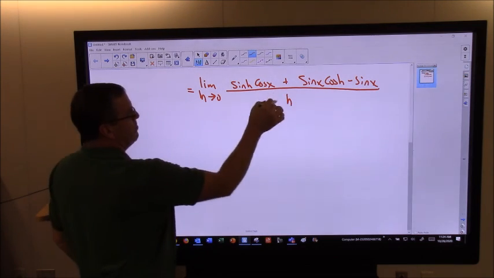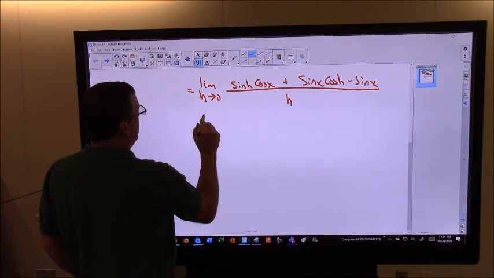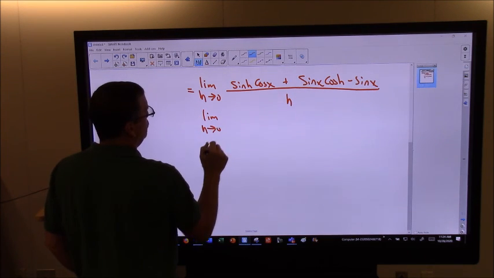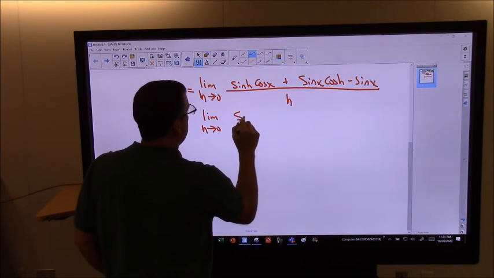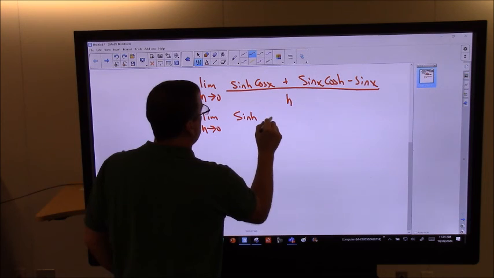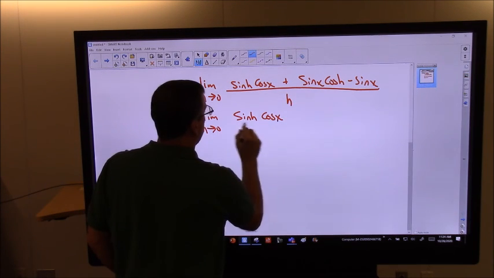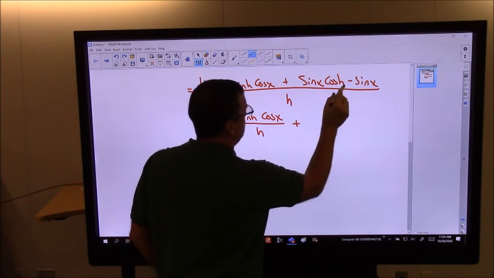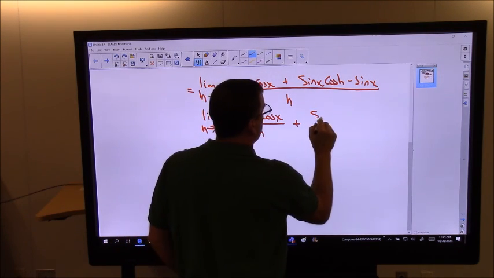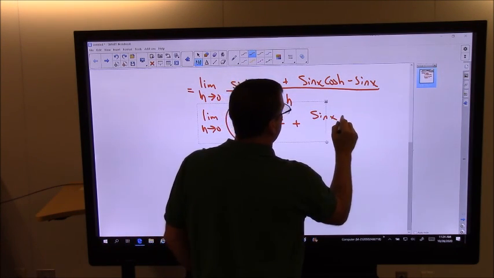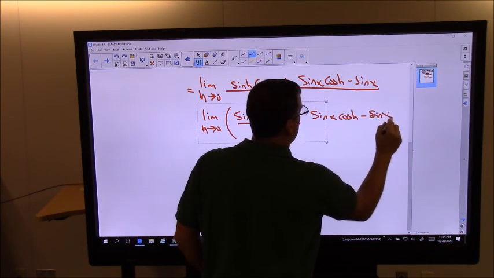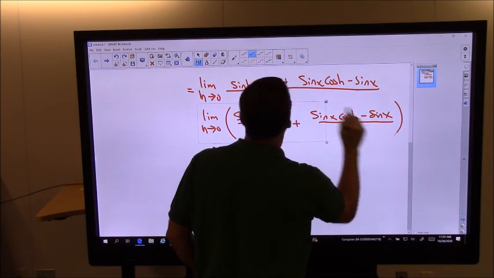And then what I'm going to do is divide this into two separate fractions. The limit as h approaches 0 of sine h cosine of x over h plus this fraction, sine x cosine h minus sine of x all over h.